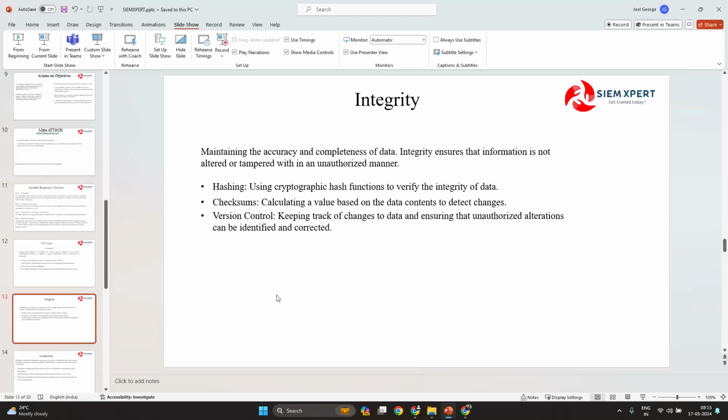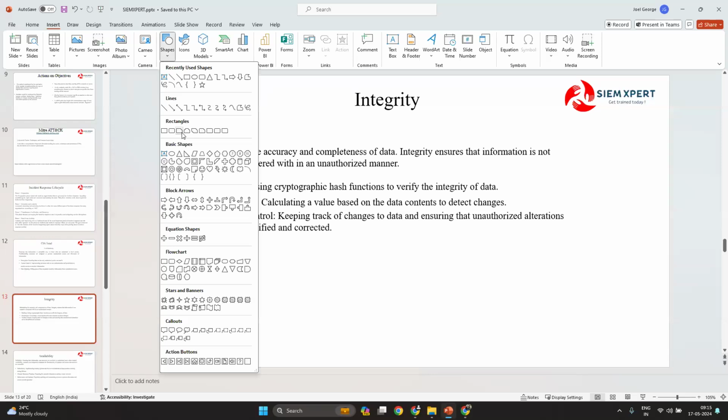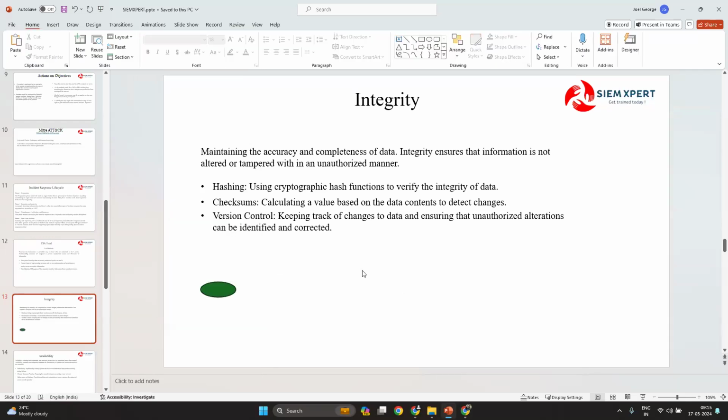In a transmission perspective, let's say A is sending a certain set of information to B. Now, how would B know that what A sent over the internet is what he sent, because there could be a man in the middle attack as well.